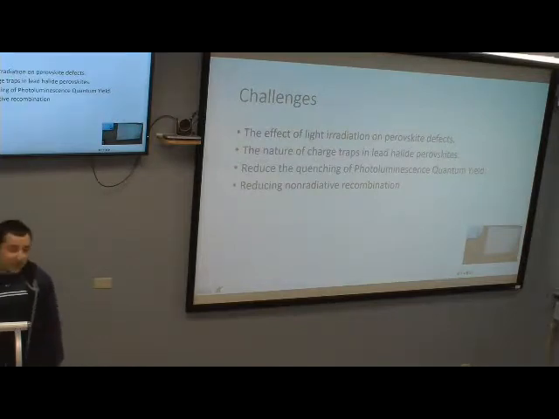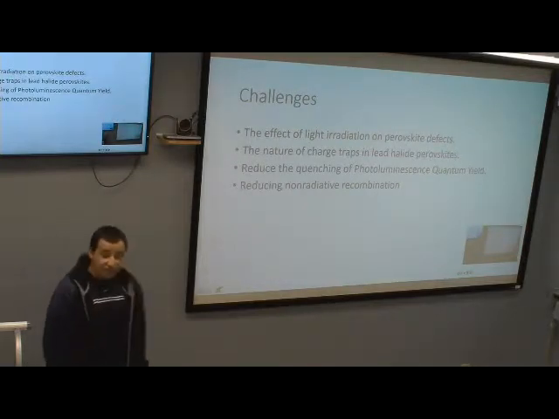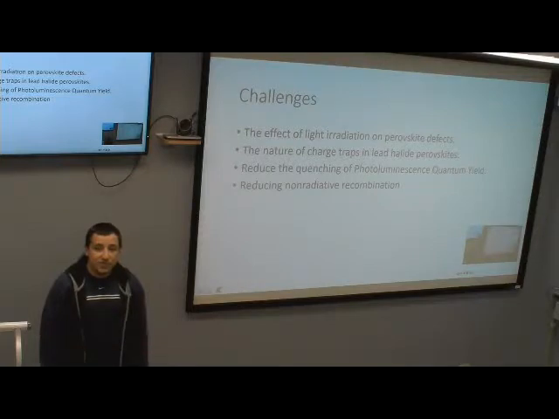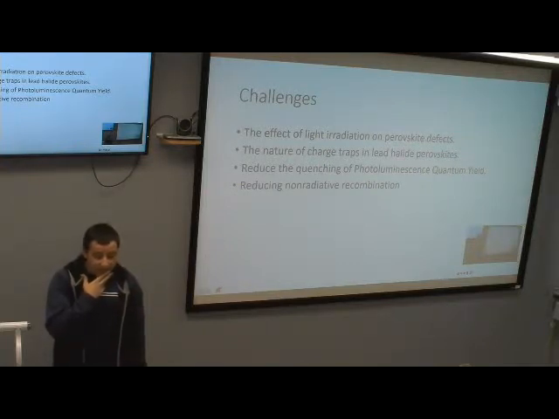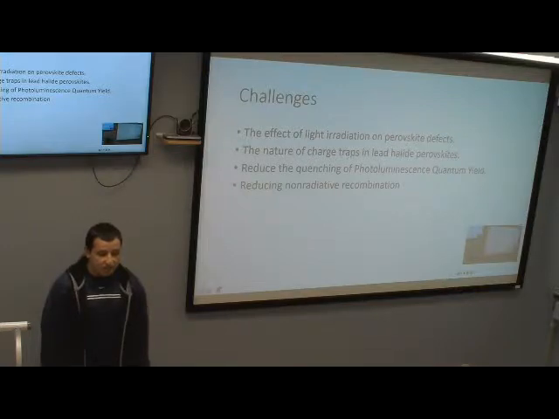There are a couple of things to go along with perovskites that we're trying to improve. One is the effect of light. In the case of LED application, we want a release of light, but in some of these structures, light is sometimes removed, which is negative for LED application.